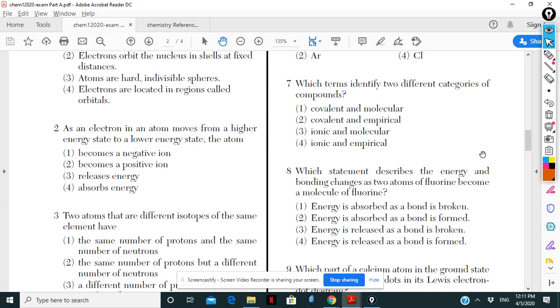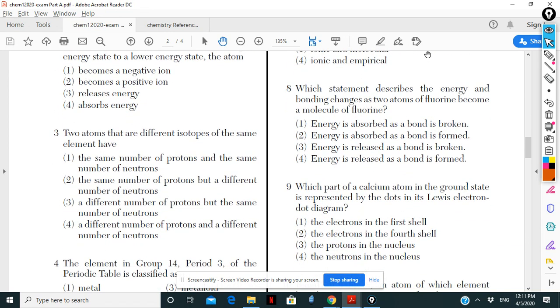Number four, ionic and empirical. Empirical is a formula. So I cross out 2 and 4. So I have covalent and molecular, and that's going to be applicable. I have ionic compounds and molecular compounds. Molecular is applicable for the large organic compounds. So the answer is number 3.